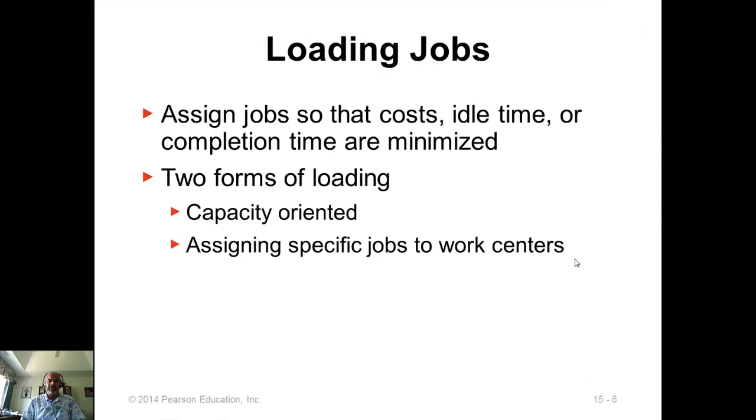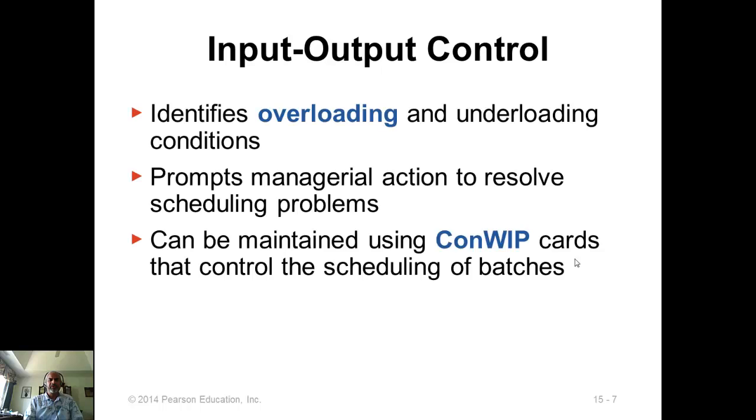Loading jobs is to assign jobs to machines so that the cost, idle time, and completion time are minimized. There are two forms of loading: capacity oriented loading, and assigning specific jobs to work centers. When we do this, we can use what is called input-output control charts to monitor the level of input coming in, input meaning the jobs that are assigned to the machine, and the amount of output going out.